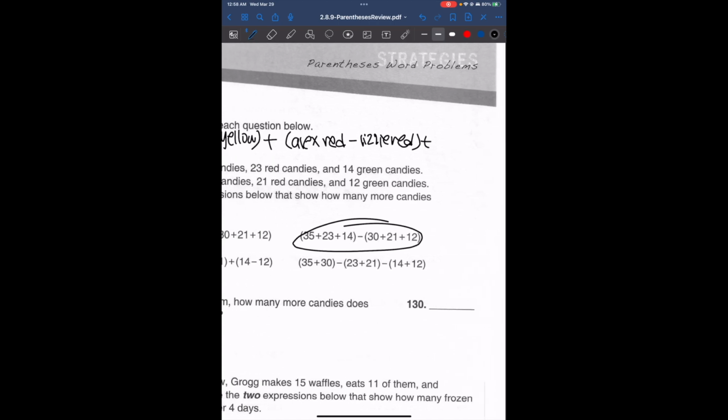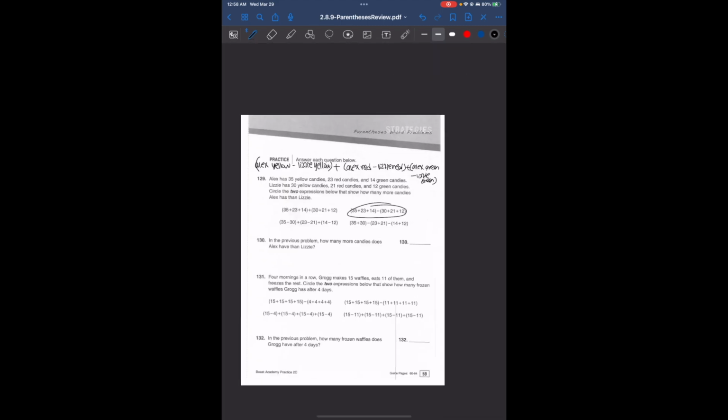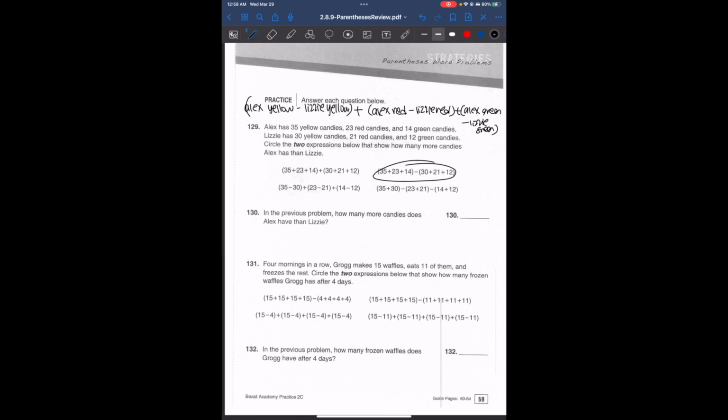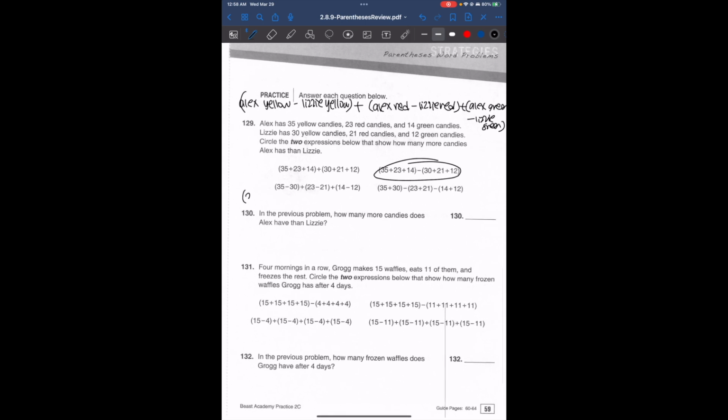And then add that to Alex green minus Lizzie green. So we're doing subcategories and adding all the differences together. So that's basically similar to what we did, but now we just have 3 categories. And so that is going to be 35 minus 30 plus 23 minus 21 plus 14 minus 12. And so that is going to be this.